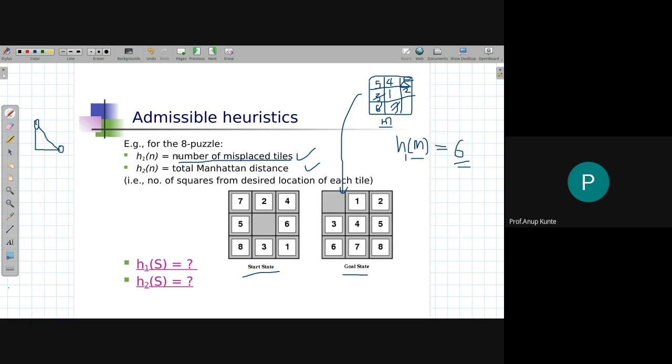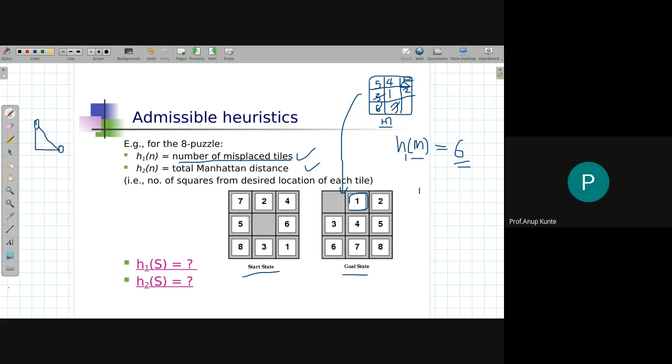So we will calculate the Manhattan distance between the actual place and the current place for every tile. We'll start with the tile named 1. It is at this location, its correct position is this location, and currently it is positioned here. So I have to traverse a Manhattan distance of 1 unit to get it into its correct spot.